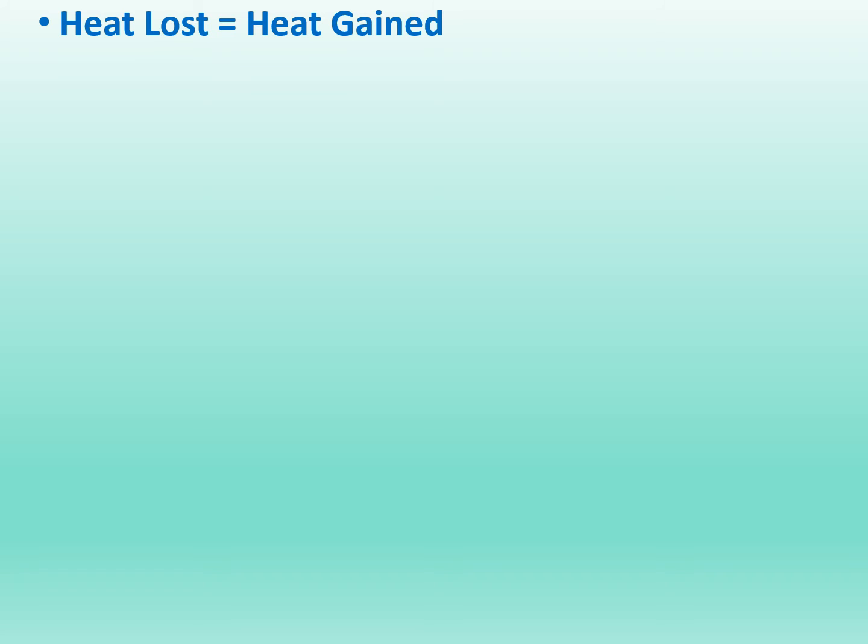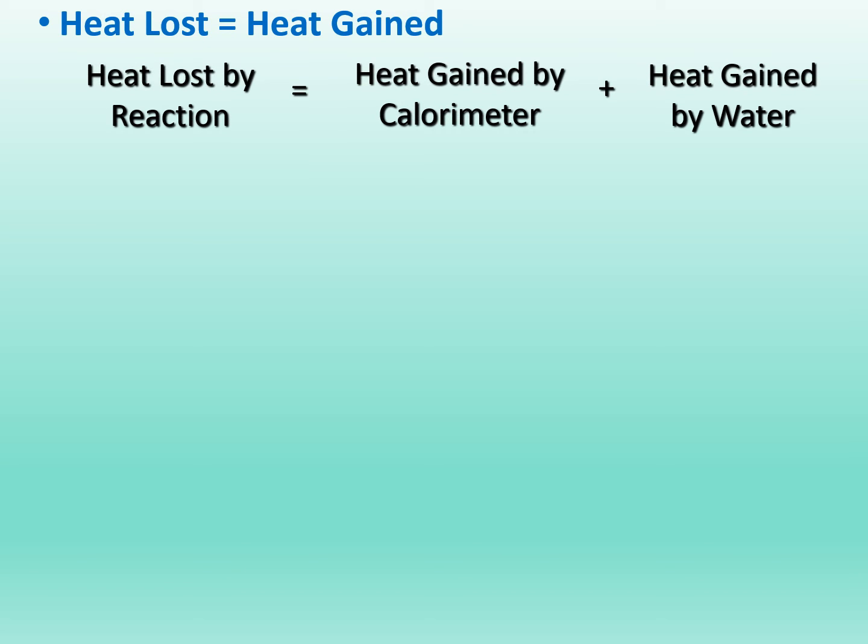Now you can divide this up a couple of ways. We have heat lost by the reaction, and we're talking in terms of an exothermic reaction. And rather than rewrite this whole thing, if it's an endothermic reaction, just reverse everything. It becomes heat gained by the reaction and heat lost by the calorimeter in the water.